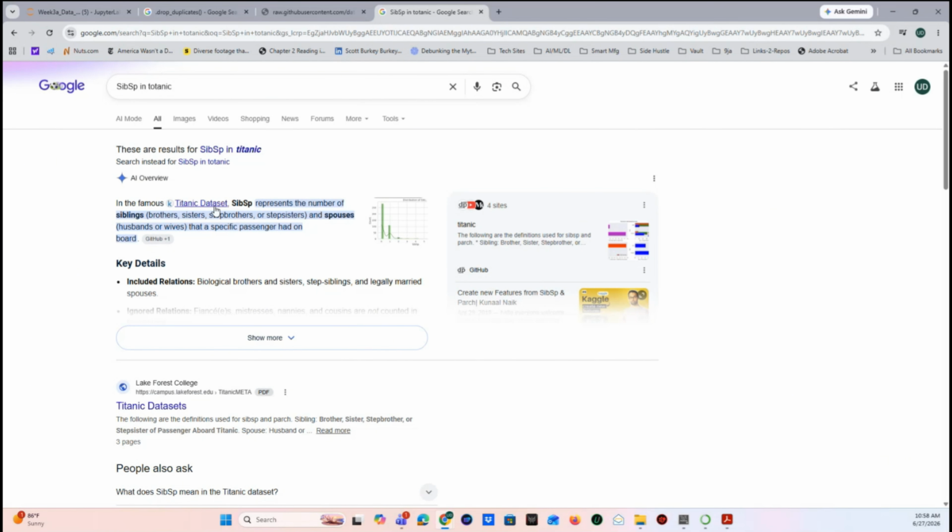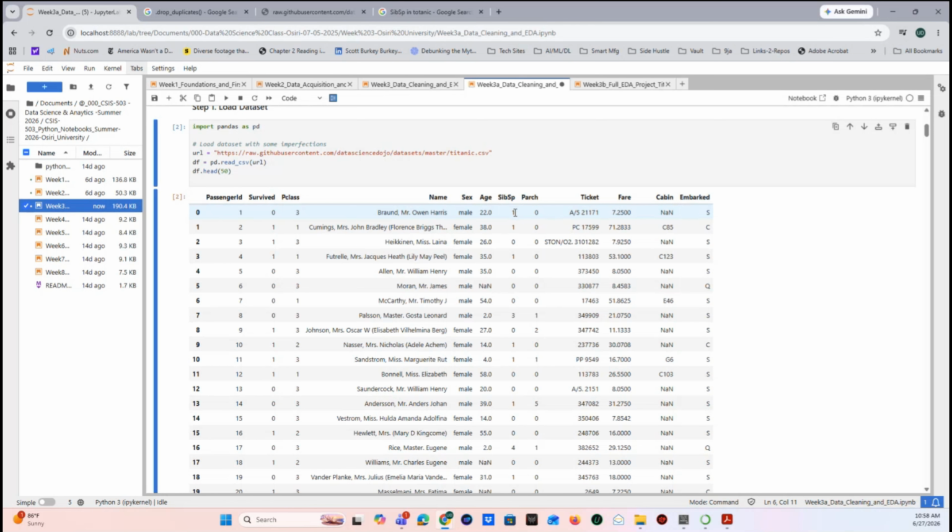Oh, sibling. In this famous Titanic dataset, SibSp represents the number of siblings, brothers or sisters, and spouses that a specific passenger had on board. So this guy had one other person that is their family on board. You know, this is their ticket number. This is how much they paid. You see, he's in third class.